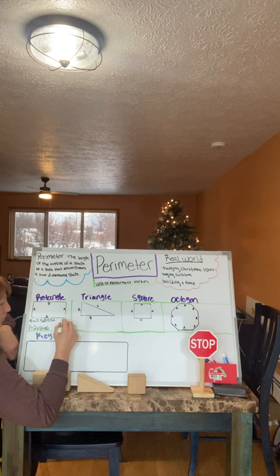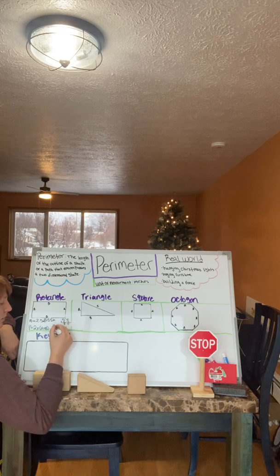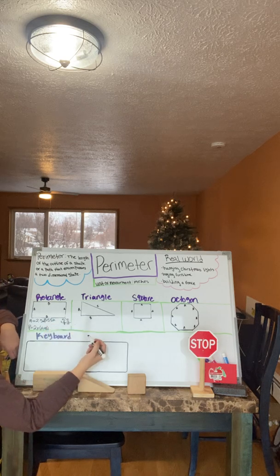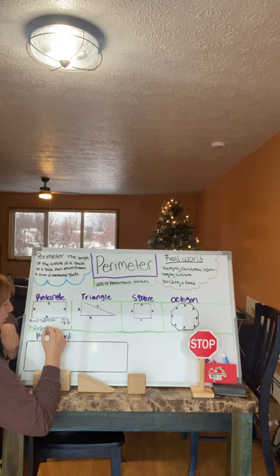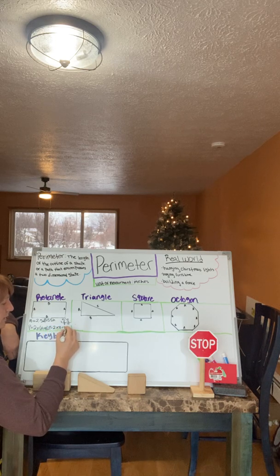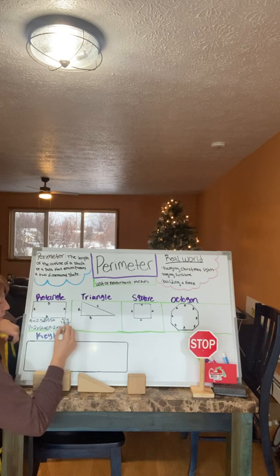So we're going to go 5.5 plus 2.5. 5 plus 5 is 10. And 5 plus 2 is 7. Carry the 1, and it's 8. So 8 times 2. We don't need a calculator to do this. So we're going to go P equals 2 times 8 equals 16. 16 inches is our perimeter of our rectangle.